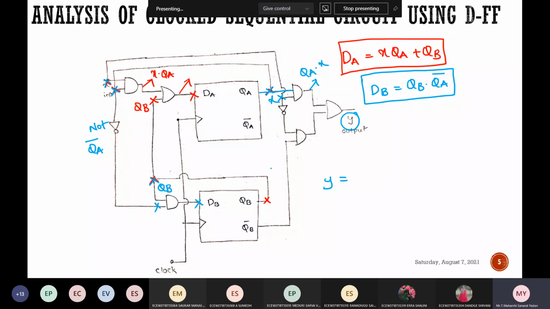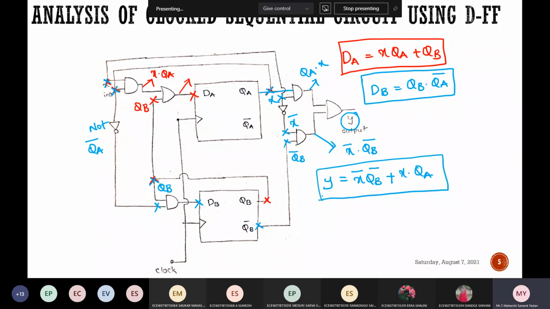QA dot X. Next, X after passing through this particular NOT gate becomes X bar, and QB complement is connected here. So the output at this point is X bar dot QB bar, and these two are passing through an OR gate. So finally, what will be the output? Y equal to X bar QB bar plus X into QA.